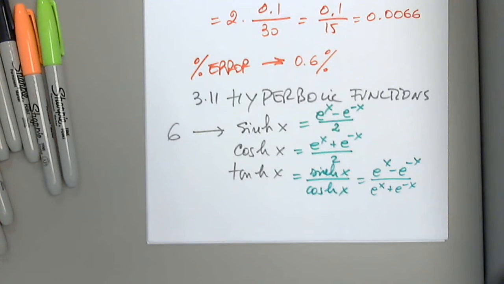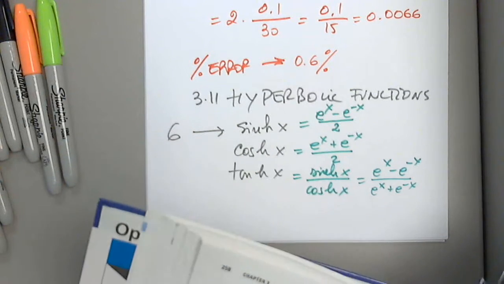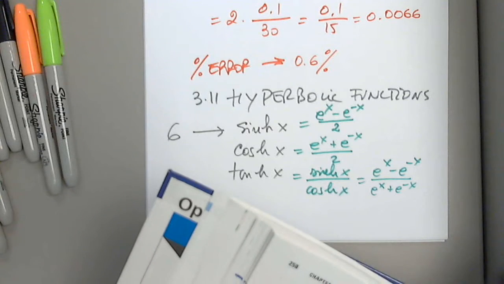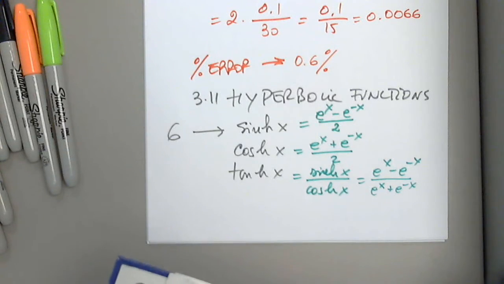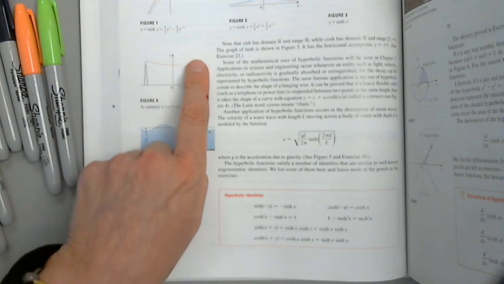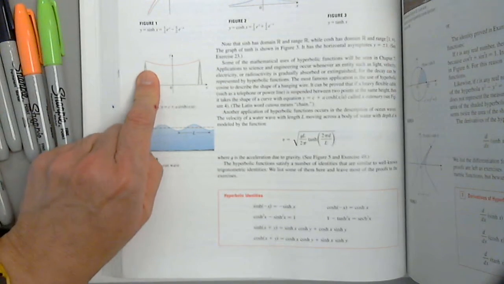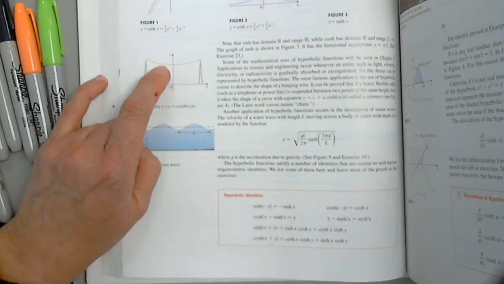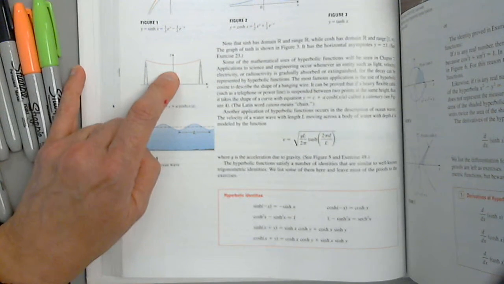Okay, the question obviously is legitimate. Why more functions? Why do we need these? Well, it turns out that when they tried to hang a cable between 2 poles, they couldn't come up with a function that uses a quadratic model, or an exponential model, or a polynomial.